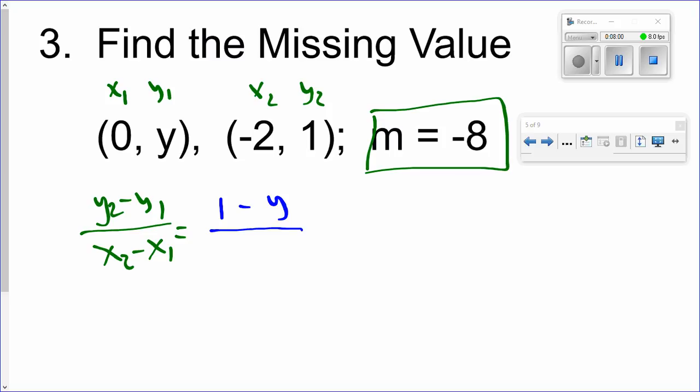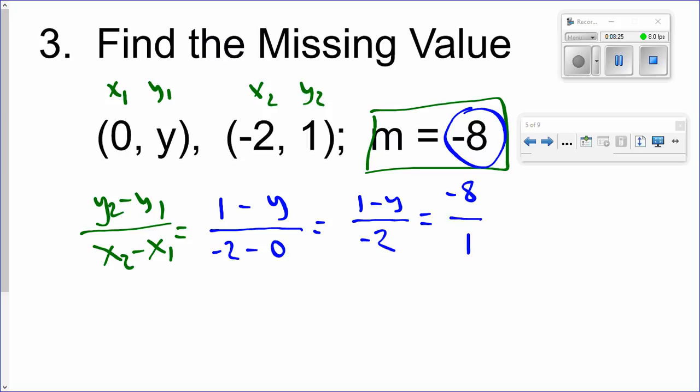On the bottom, x2 is a -2, and I'm going to subtract 0. Great. In the end, after I evaluate this a little bit, I get 1 minus y over -2 minus 0, which is basically -2. All of this is supposed to be equal to a -8. So I'll make it into a fraction, -8 over 1.